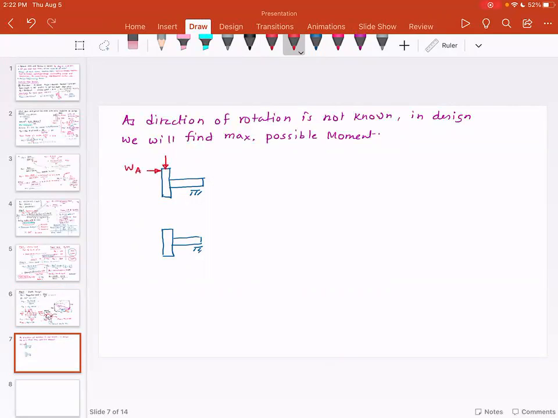An axial load can go in the left-hand side direction or the right-hand side direction. So it can go like this, or it can go like this, depending upon the direction of rotation. Now WT is going to look like this.